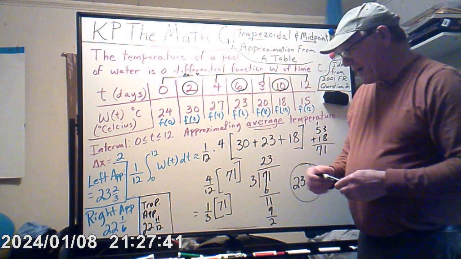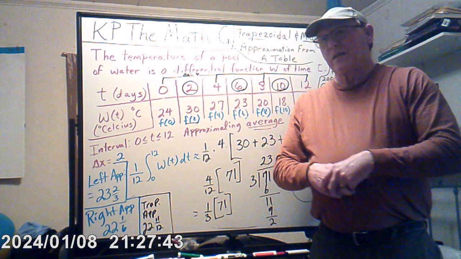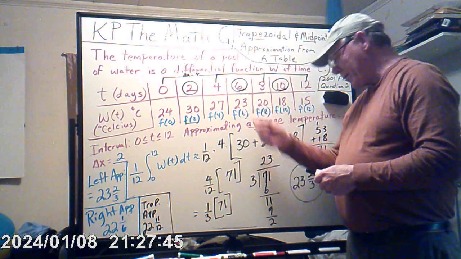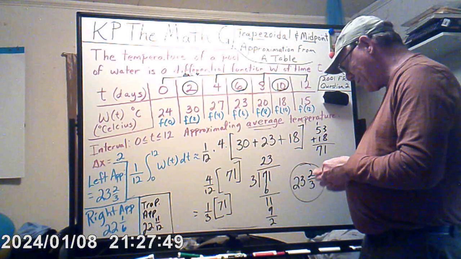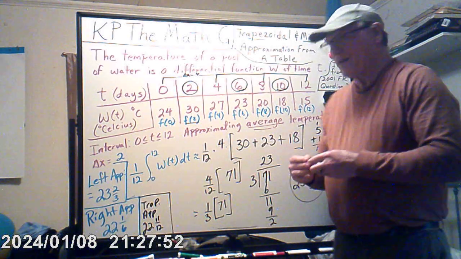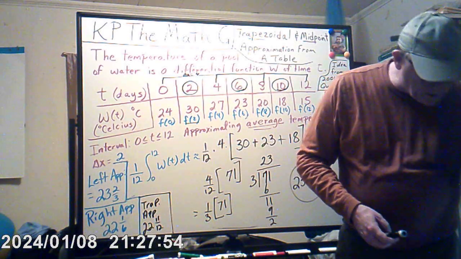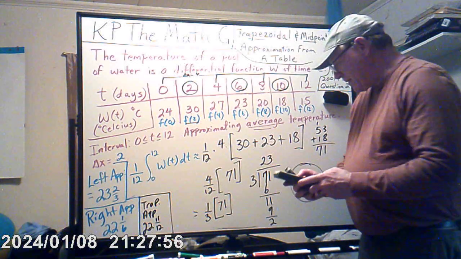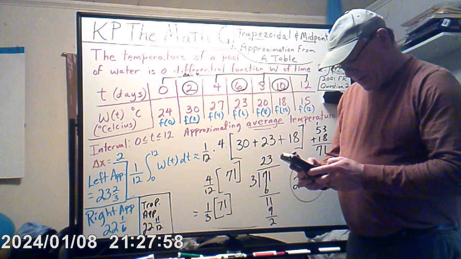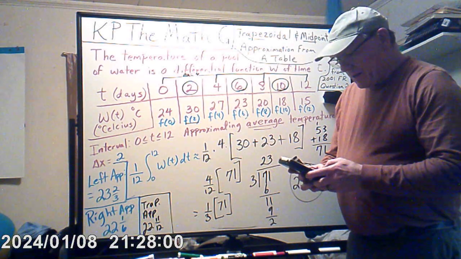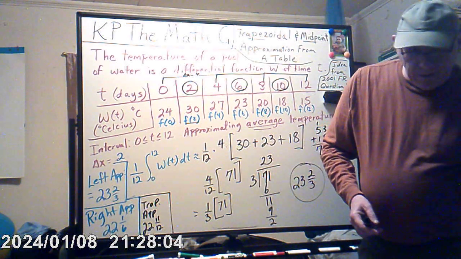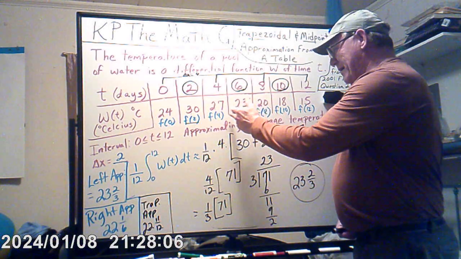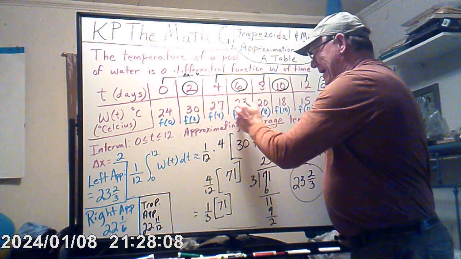So 23 and 2/3. Again, had I changed this to 24, this would have been 24 on the dot. But anyway, I changed this number back because I didn't want these two to be the exact same numbers.